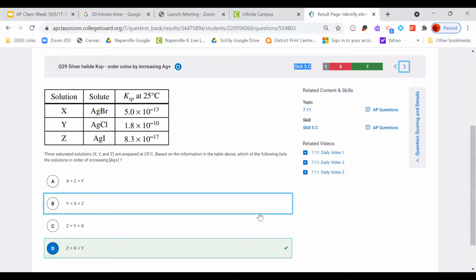Y. Okay, so that's the one that is going to dissolve more, be more saturated with Ag+. And the more solubility you have, the more concentration of Ag+ you have in this case. It'll be more dissolvable. Oh, okay. Yep. That makes sense.